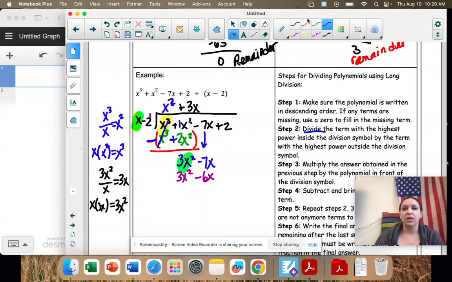And then we subtract both of these. So remember, we subtract, this changes to a minus, and then this changes to a plus. The goal is these always cancel. That's what we want. And then negative 7 plus 6 is negative 1 and x. And then we bring down our last term.